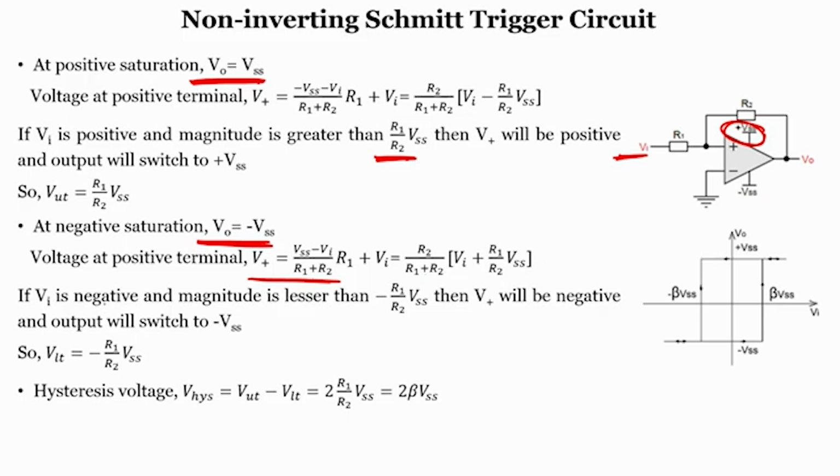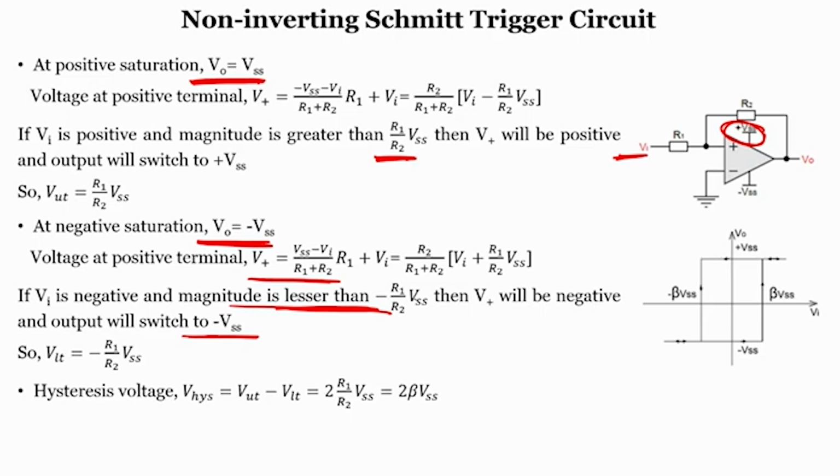Now, if V_I is negative and its magnitude is less than minus R1/R2 into VSS, then V plus will be negative and output will switch to minus VSS. So, my output is switching between plus VSS and minus VSS when V_I is greater than R1/R2 into VSS or less than minus R1/R2 into VSS.